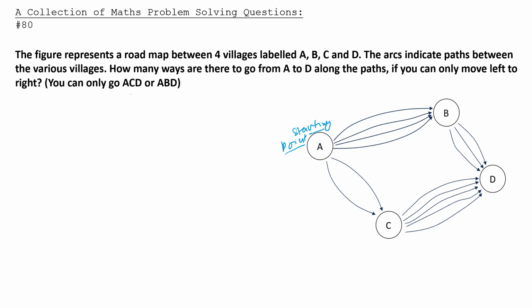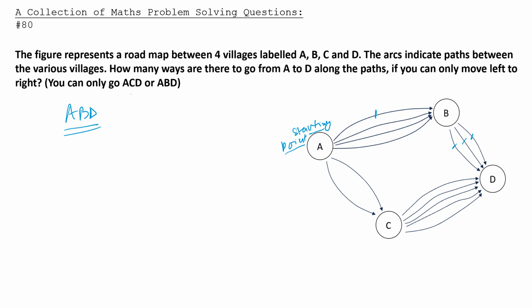So if we start from A, sorry, if we take the path A, B, D, so you see from A to B, you take this path, and there's only one way you can go. This way, you're only taking path A to B. And once you reach B, you can choose either this path or this path or this path.